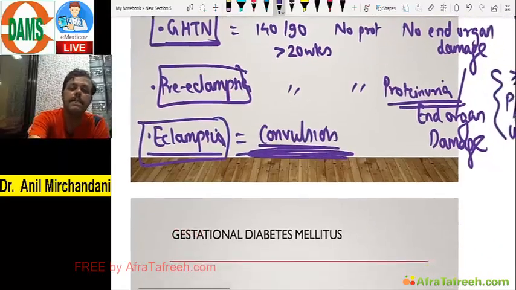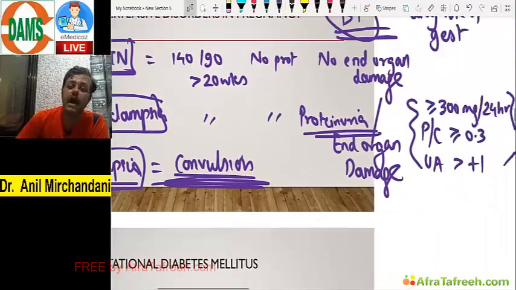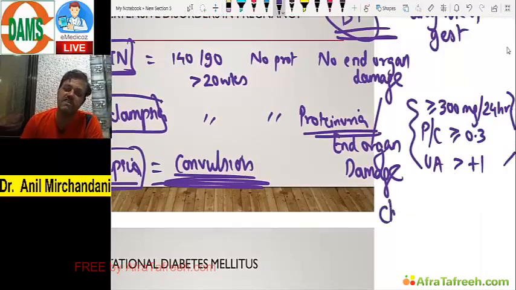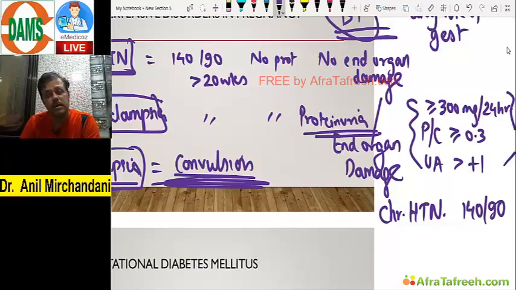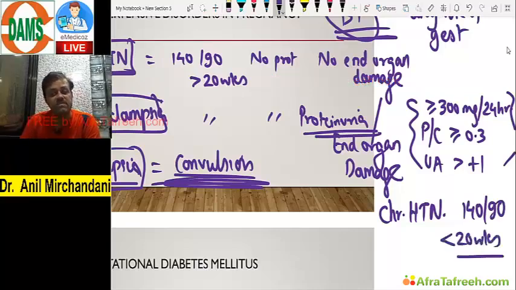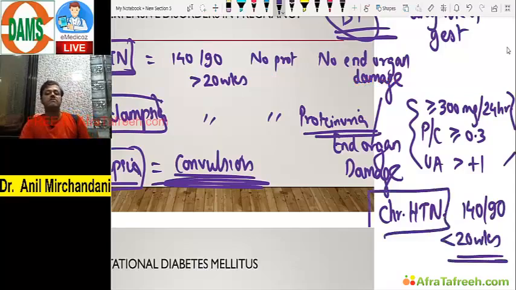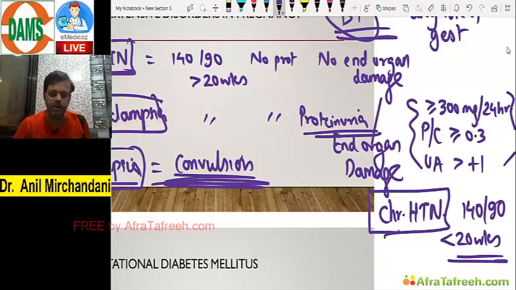If there is hypertension before 20 weeks of gestation, then it is chronic hypertension. So there will be 140/90, 2 readings 4 hours apart in less than 20 weeks of gestation. Less than 20 weeks, 140/90, you are dealing with chronic hypertension. Am I clear about this, guys and girls?